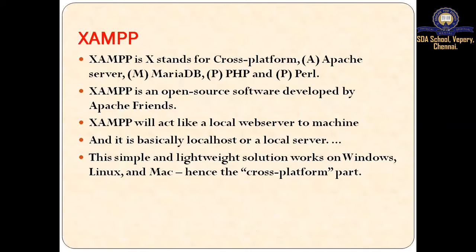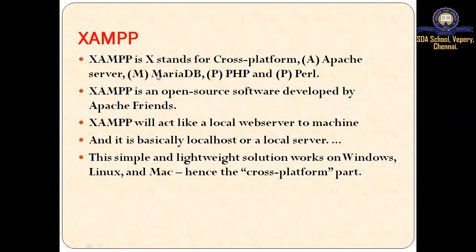XAMPP is one of your server software which should be installed in your system. Of course, what does XAMPP stand for? X stands for cross-platform. A stands for Apache server.